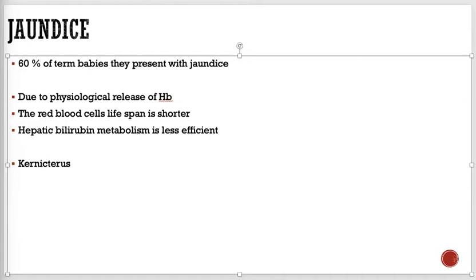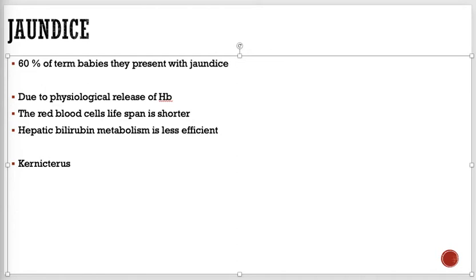Kernicterus is a type of encephalopathy from the deposition of unconjugated bilirubin in the basal ganglia or in the brainstem nuclei. That condition is called kernicterus.